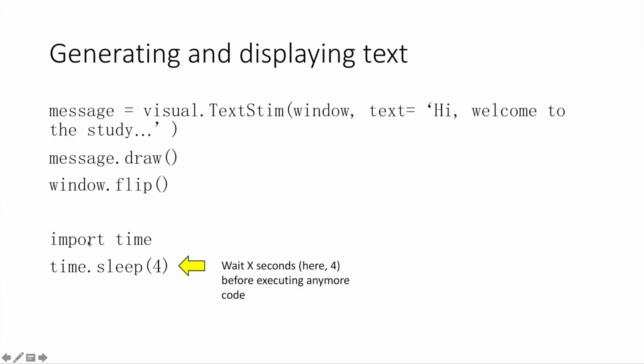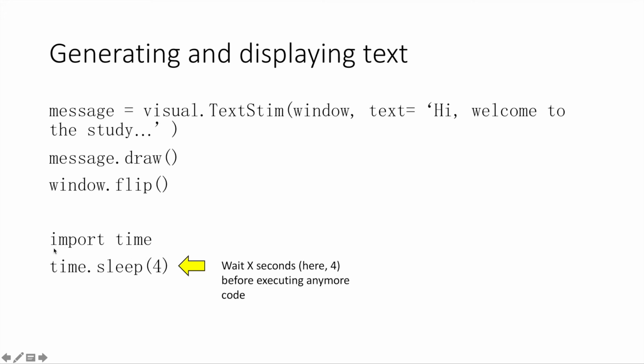Now this last thing here, import time, time.sleep with 4 in parentheses. I'm just going to unpack that a little bit. Basically, if I just left the code the way it was, like did message.draw and then flip, when you ran the program, it would just for a split second say, hi, welcome to the study, and then turn off. This code makes it so the message displays for 4 seconds and then turns off.